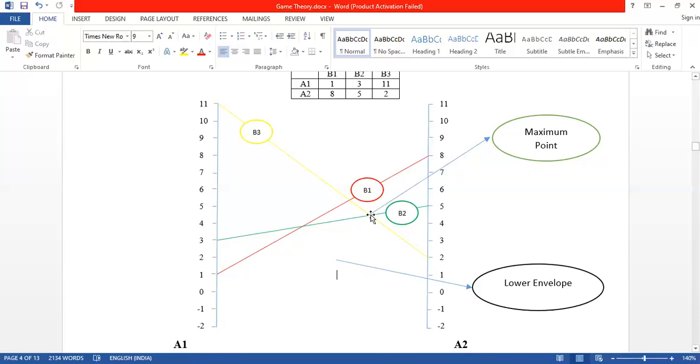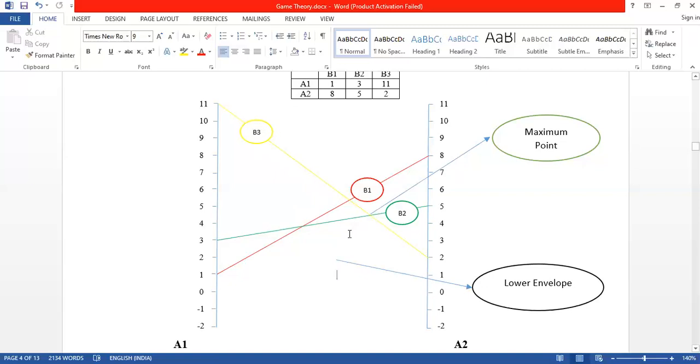Now see, this maximum point is the part of your yellow line and your green line, correct? So your green line says it is B2 and your yellow line says it is B3.